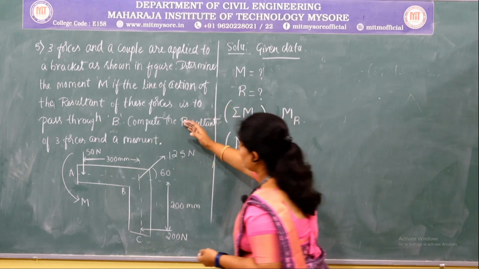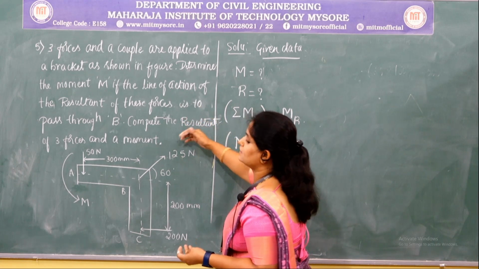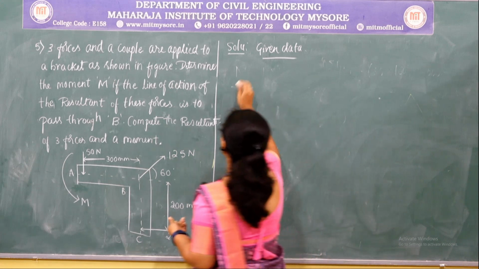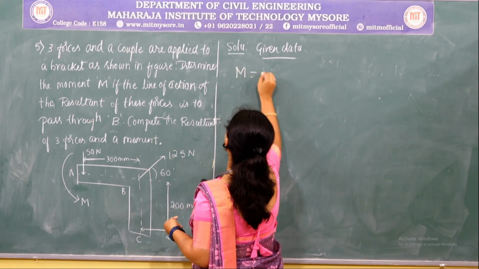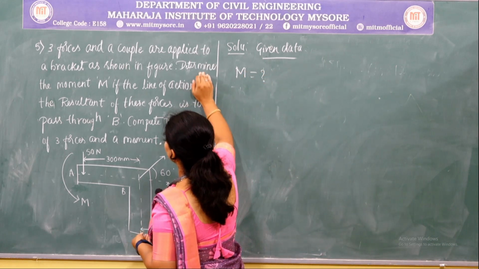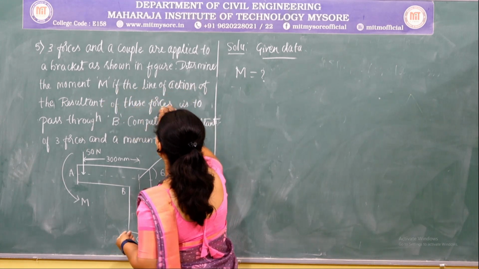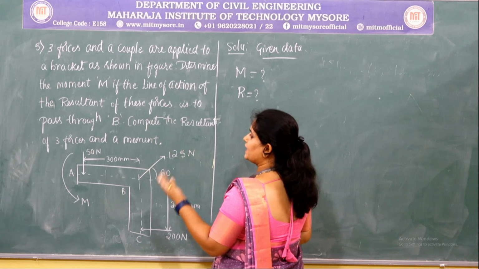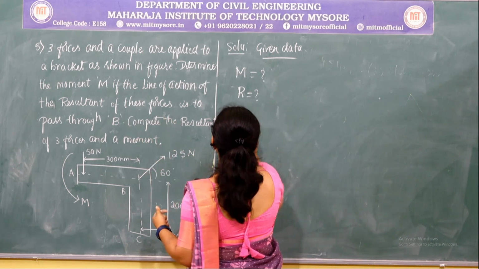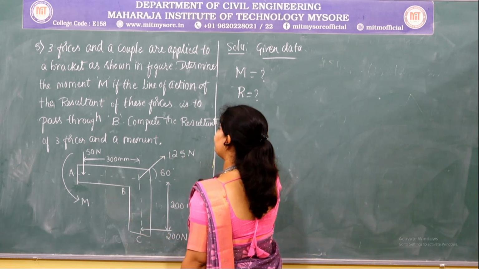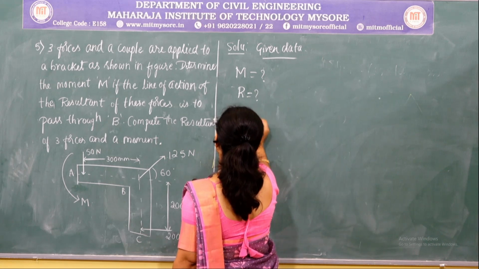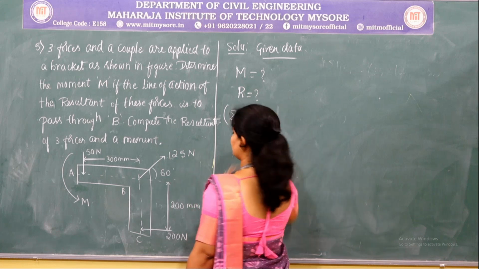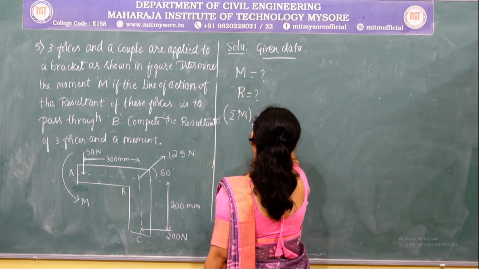Why? Because the line of action of the resultant is passing through point B. In this question we need to find out the value of this moment, and they also mentioned to determine the moment M if the line of action of the resultant of these forces is to pass through B. That means if I consider the moment of all these forces about point B, that will be equal to moment of the resultant.